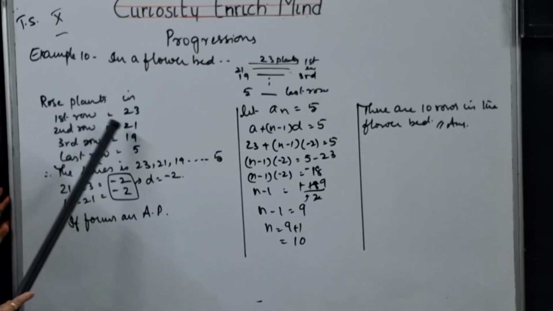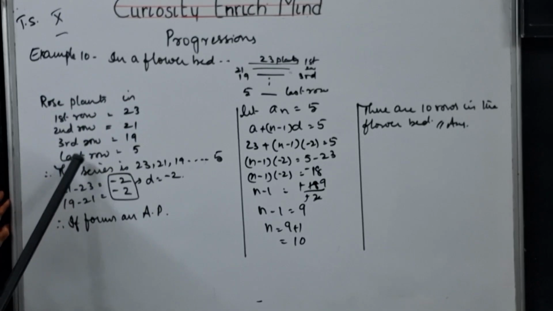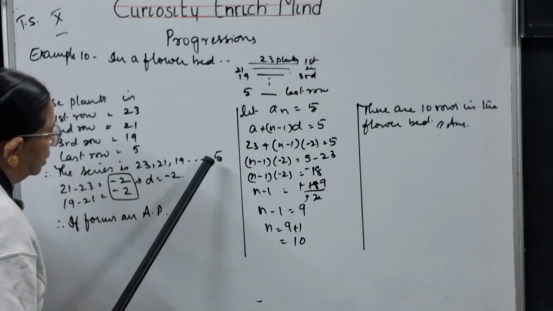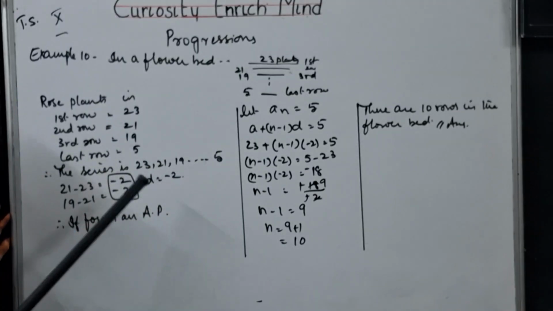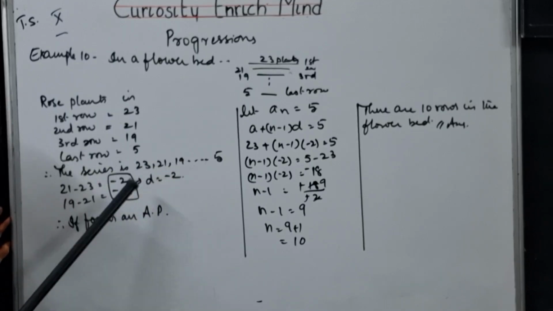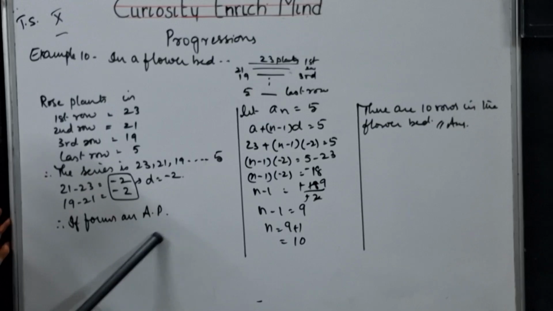Rose plants in first row 23, second row 21, third row 19, last row 5. So we are getting a series 23, 21, 19, and so on up to 5. Is it in AP? First you have to find out. So a2 minus a1 is minus 2, a3 minus a2 is minus 2. That means common difference is existing. That means it forms an AP.